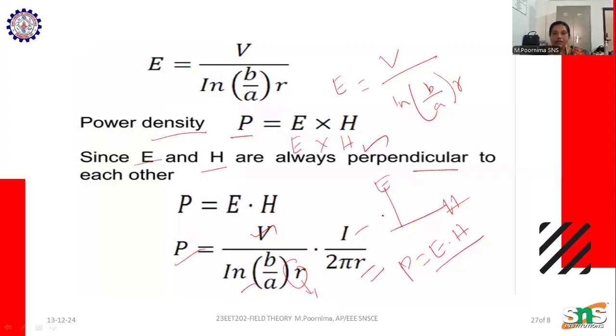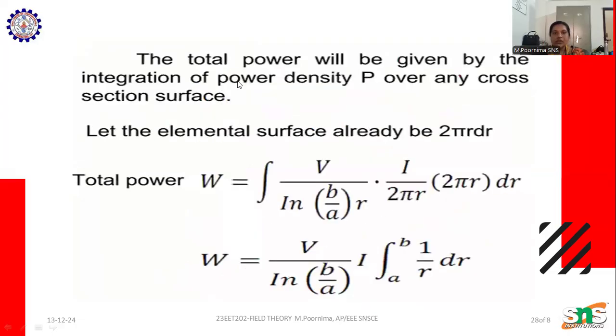Now, the total power will be given by the integration of the power density P over any cross sectional area.